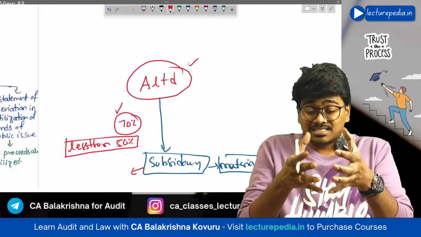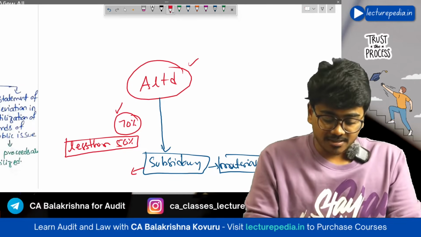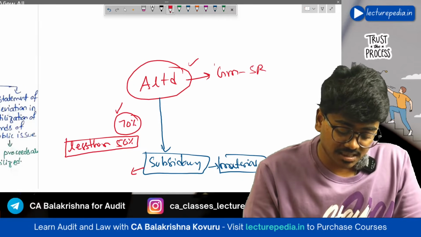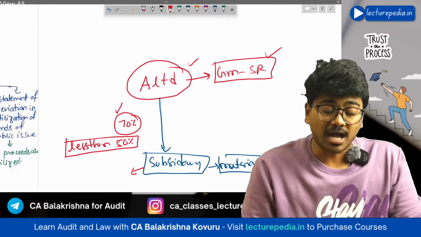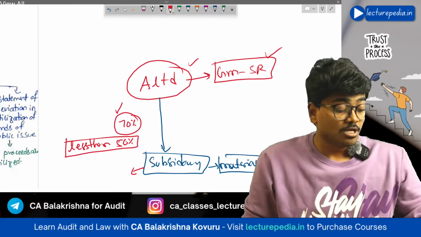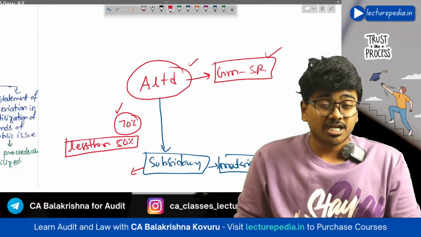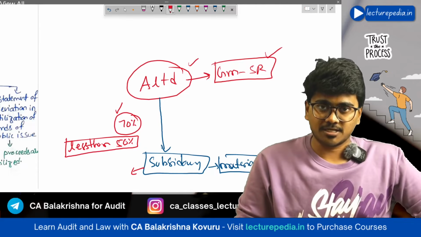To do this sale, A Limited in its general meeting has to pass a special resolution. That means it has to take approval of its shareholders before it can sell the shares of its subsidiary such that it loses control over the subsidiary.